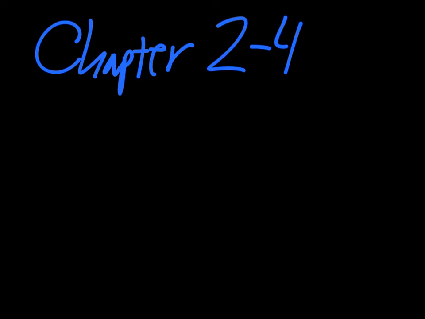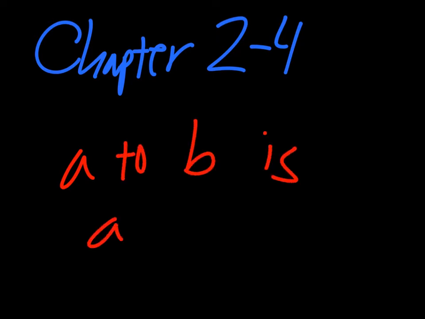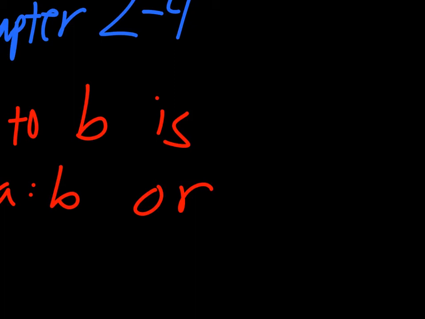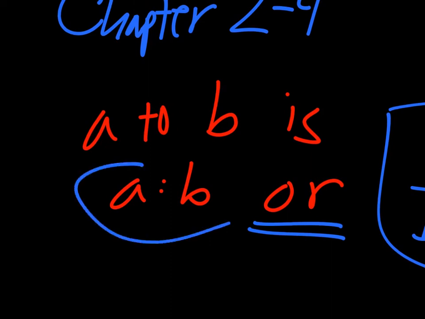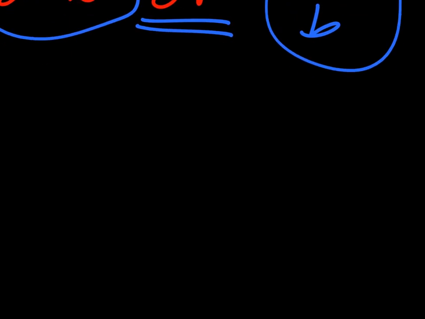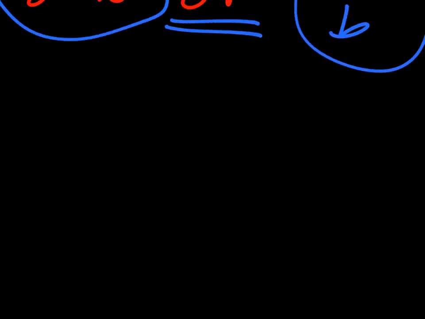The ratio of A to B is also labeled as A with a colon, B, or A to B. You can do it like this, you can do it like this, or you can do it like that. Either way, it's the exact same thing. Do it whichever way your teacher does it, okay?